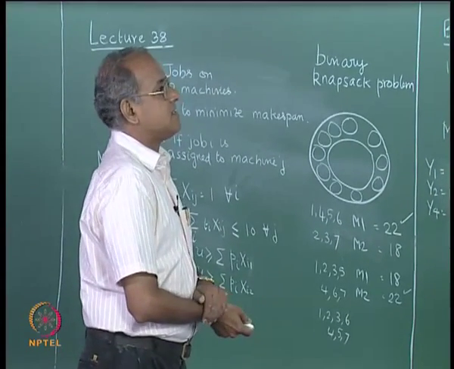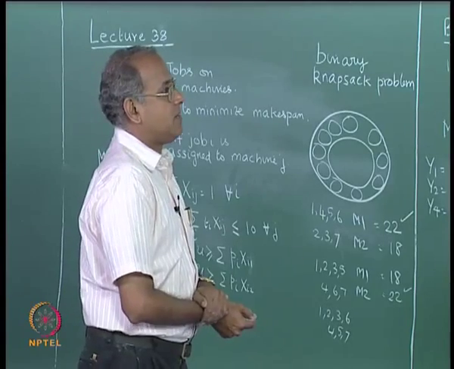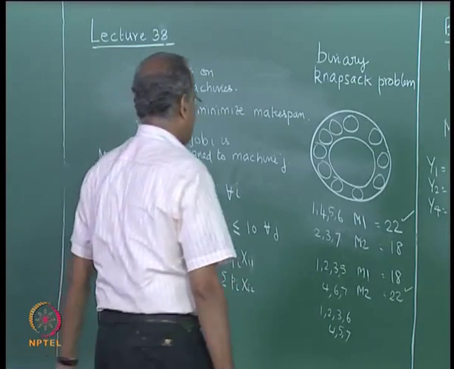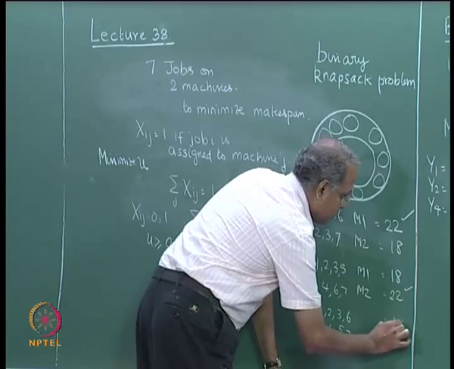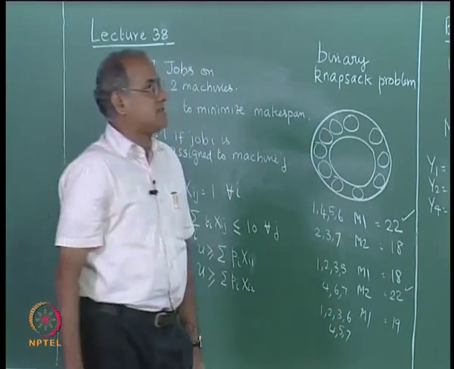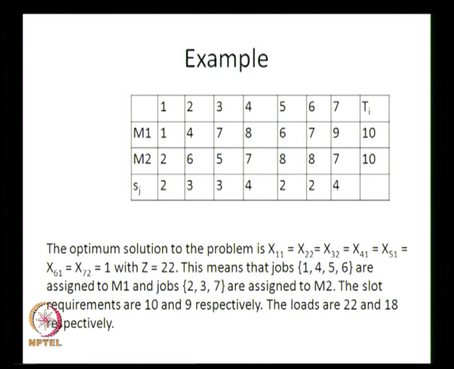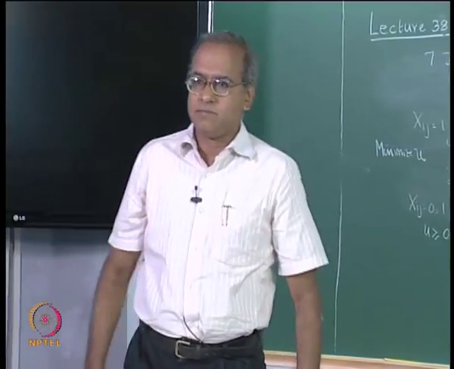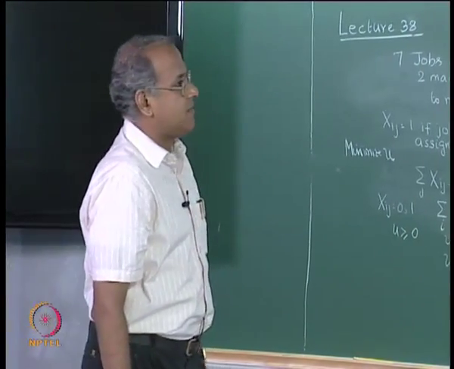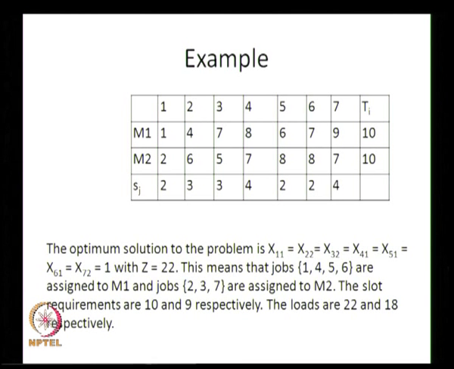So, 1, 2, 3 and 6 is 4 plus 1, 5 plus 7, 12 plus 7, 19 on M1, and 4, 5, 7 on M2 would be again 8 plus 7, 15 plus 7, 22. So, we again have another optimum solution. So, we have multiple alternate optima. In this case, the solver has given one of them.